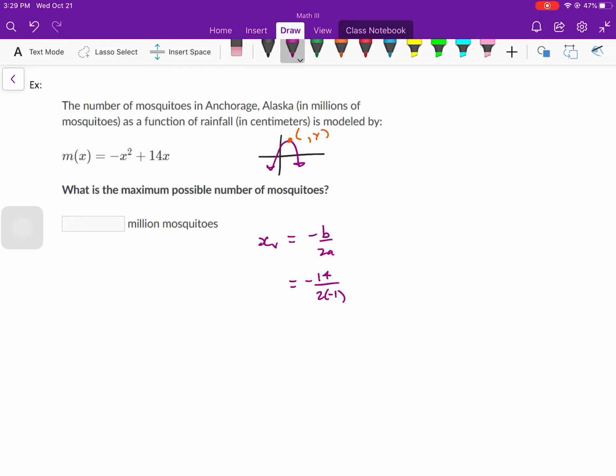This time a is negative 1. So negative over negative becomes positive. 14 over 2 is 7. So that's the x-coordinate. So to come up with the y-coordinate, plug in the 7 to this function.